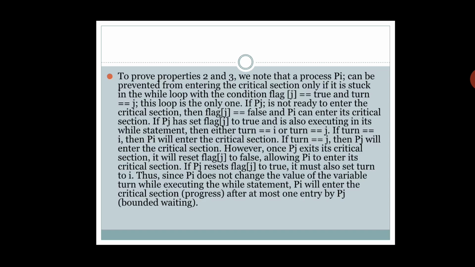That is nothing but bounded waiting. So with respect to the flag array, based on the true and false values and the turn value, we can ensure that the process satisfies the requirements of bounded waiting as well as progress. Fine. This is algorithm 3.